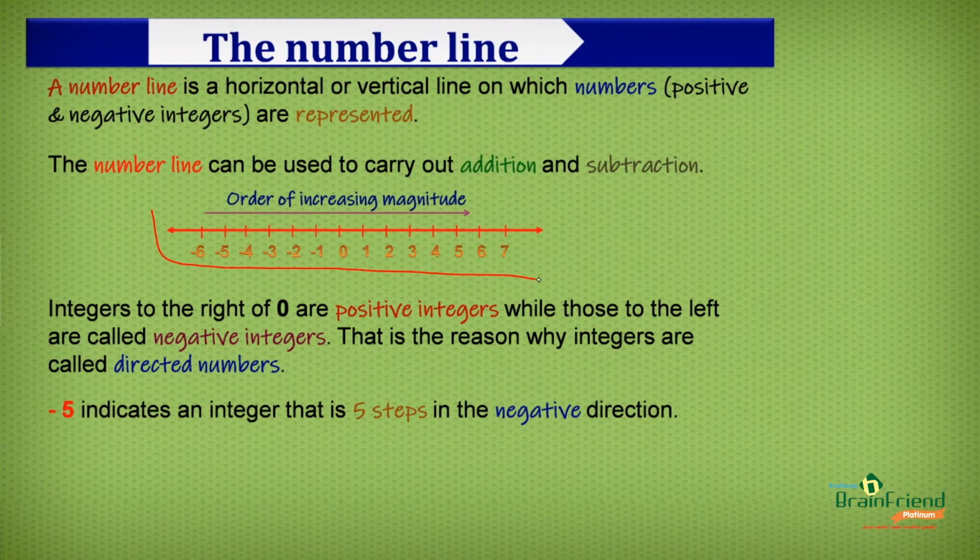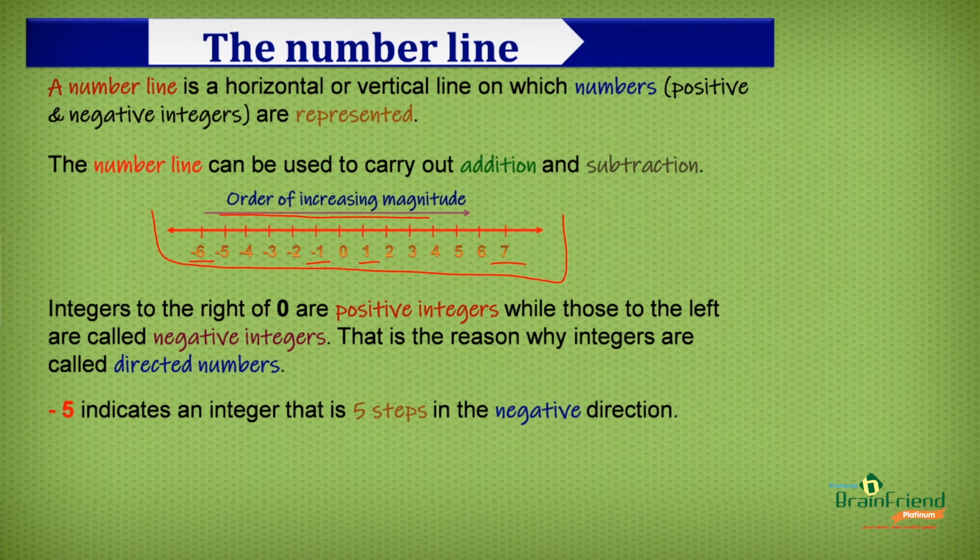This is an example of a typical number line. On the number line, when we move in this direction, just like our arrow indicates, it means we are increasing in magnitude. So the value of -6 is less than the value of -1. And of course, you know, 1 is less than 7. So as we move rightwards, we actually increase in magnitude.